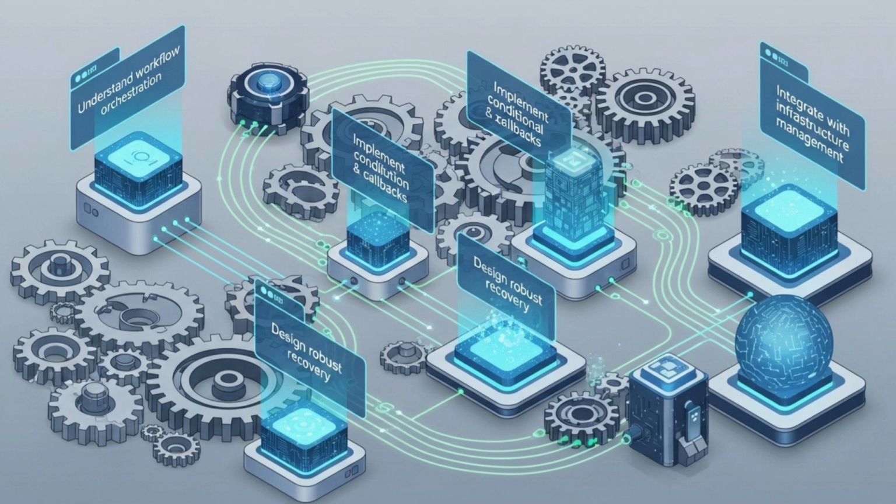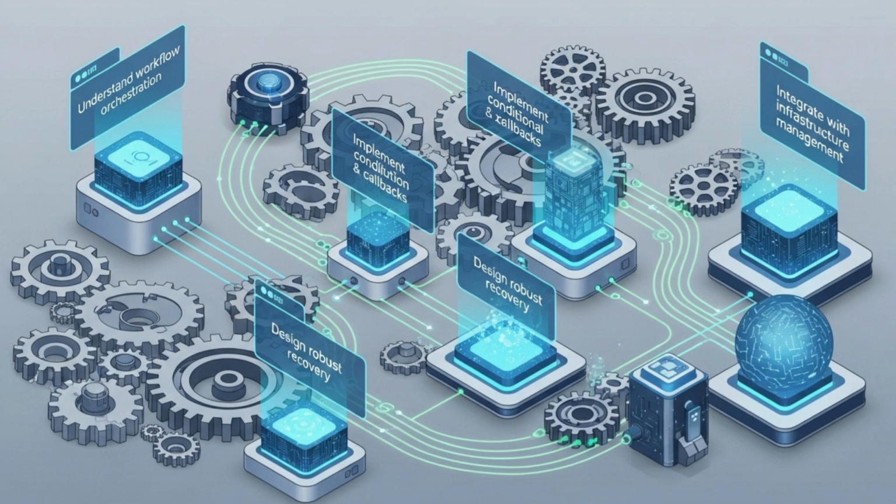Crucially, we'll dive into how to design robust error recovery strategies that make your systems resilient to failures. Finally, you'll see how to integrate task orchestration with broader infrastructure management, turning your basic task queue into an enterprise-grade platform. Ready to transform your task systems?